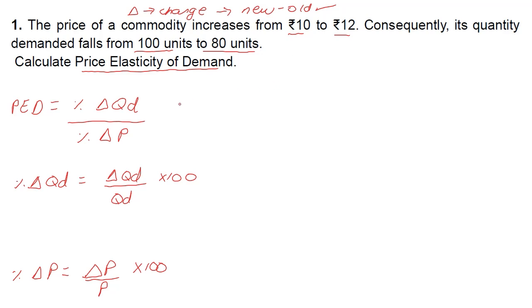Okay, so if I want to find percentage change in quantity demanded, the old quantity demanded is 100 and the new quantity demanded is 80. New minus old will be 80 minus 100, which will be minus 20. The original is 100. So it's going to be minus 20 upon 100 into 100, which is going to give me minus 20%.